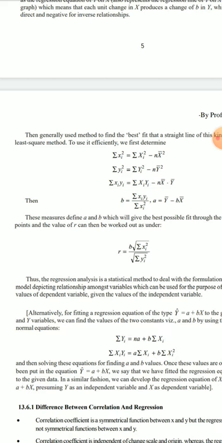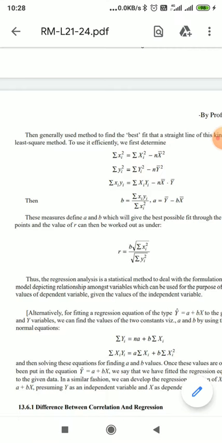Summation of sigma xi yi is equal to a multiplied by summation of sigma xi plus b multiplied by summation of sigma xi square. Then solving these equations for the values of a and b, these values are obtained and put in the equation y mod is equal to a plus bx.